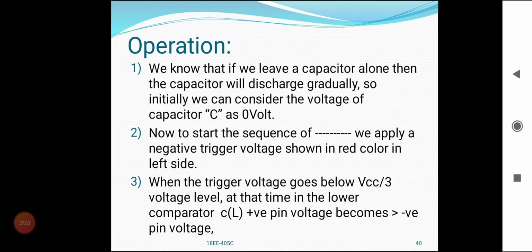Now to start the sequence, we apply a negative trigger pulse voltage, shown in red on the left side. When the trigger voltage goes below VCC by 3 voltage level, in the lower comparator the positive pin voltage becomes a negative pin voltage.